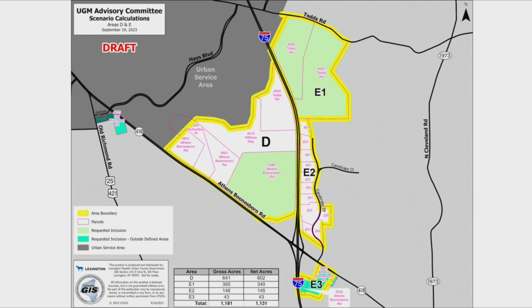Okay. The other question I have, too, and this might be for other members of the committee, I can see the value and the reasoning for E1, being that the property owners want to come in. It's adjacent to some, I think, apartment buildings in that little upper triangle of 75 and Todd's Road.